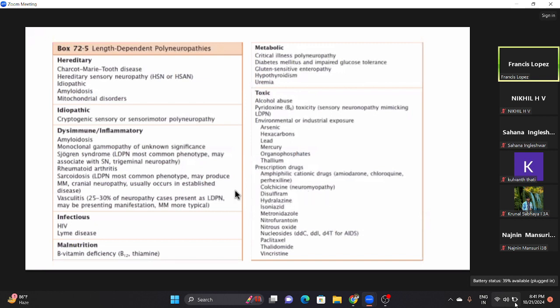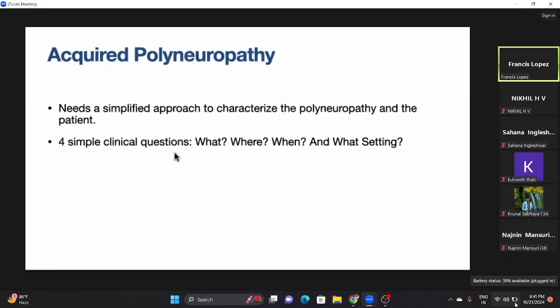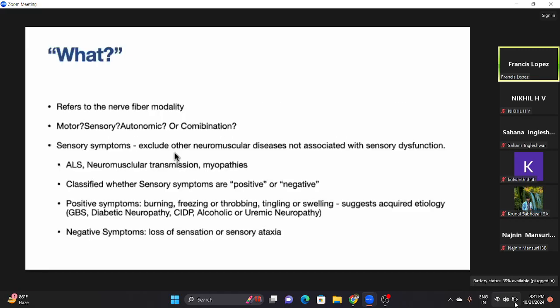So how do we go about approaching these patients with polyneuropathy? We need a simplified approach to characterize the polyneuropathy. So we ask four simple clinical questions: what, where, when, and what setting. The what refers to the nerve fiber modality.